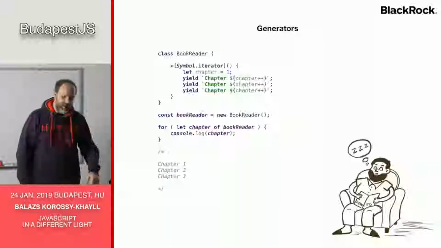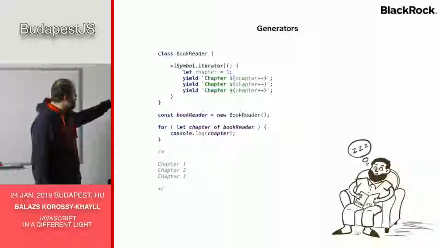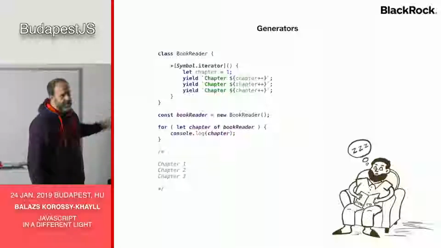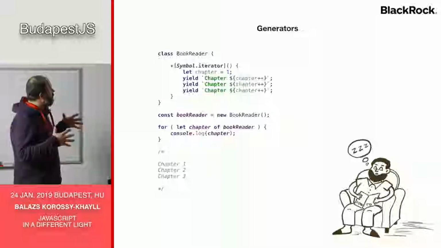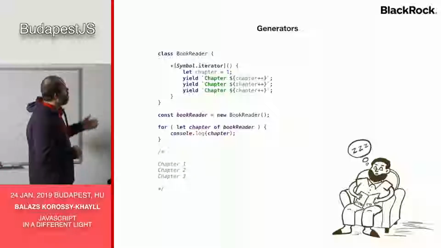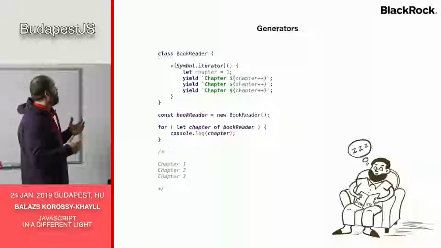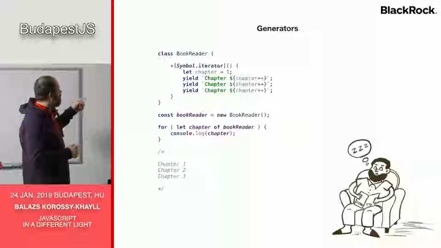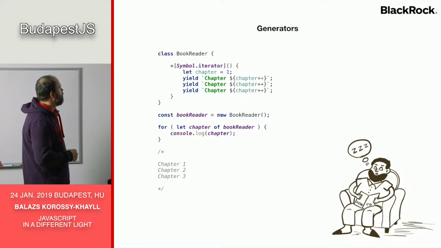Another well-known symbol is the iterator, which is used by the for-of loop. In your own class, you can implement this iterator with a so-called generator function. Notice that little star before the function.